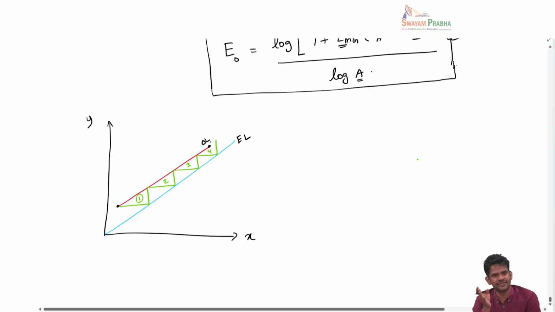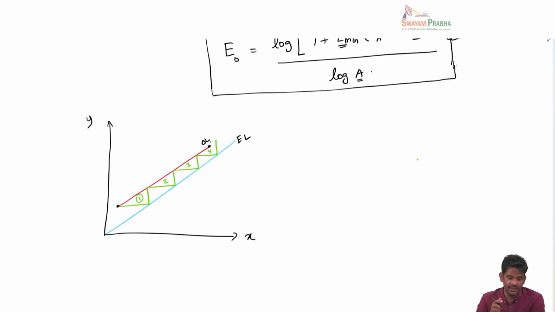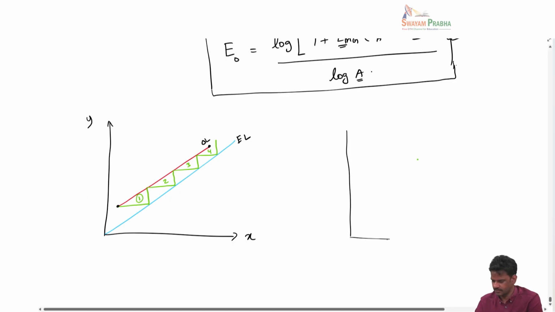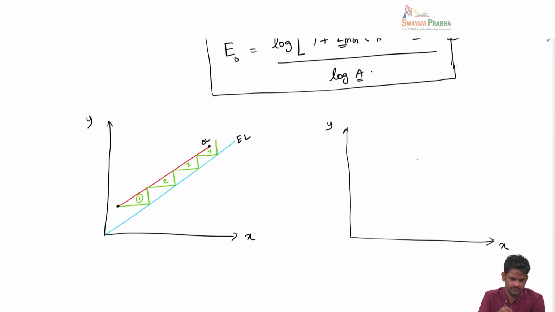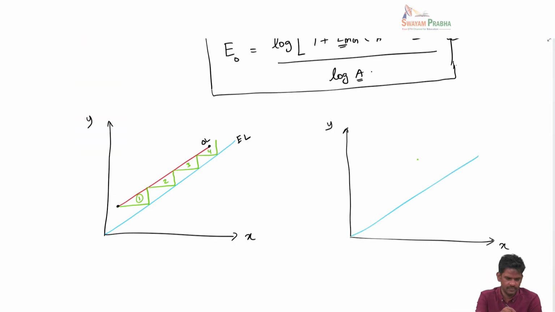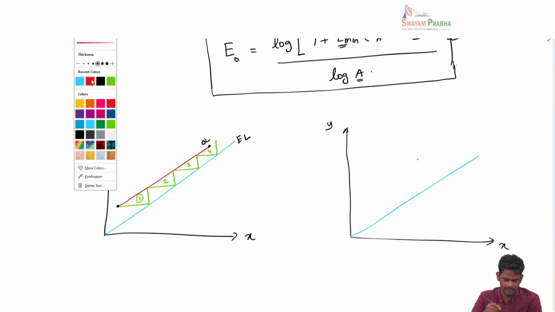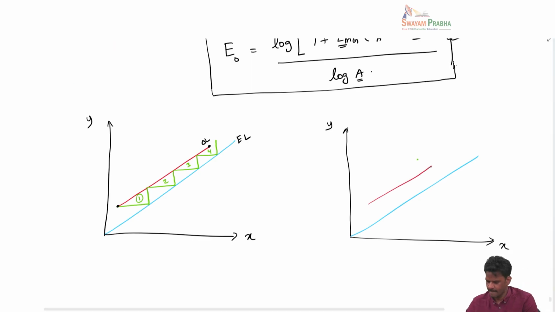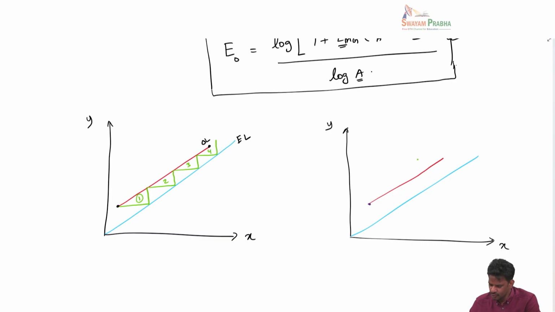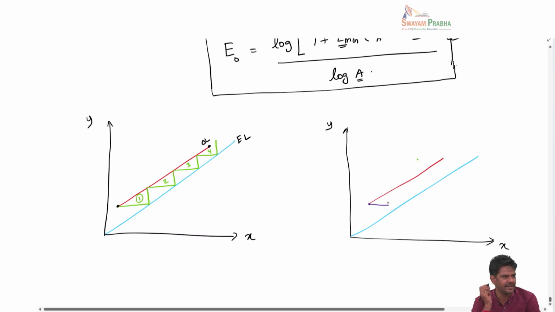When we calculate the real stages based on this efficiency, what graphically it means is, you start from here, but you do not go and touch the equilibrium line, it falls short of that.